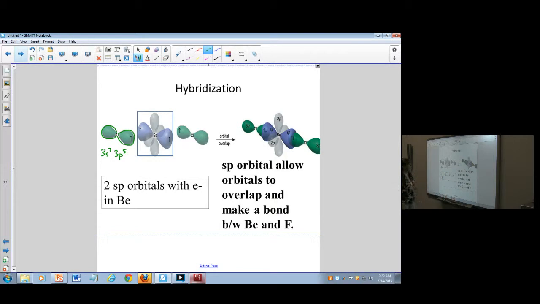This would come in from each side, and we get this overlap on the chlorine with its p and the beryllium with its two hybridized atomic orbitals. So that would be an sp. We took one s and one p and made two atomic orbitals called an sp. And that allows us to get this bond to form that molecule.